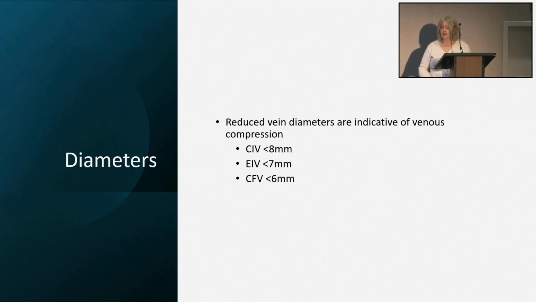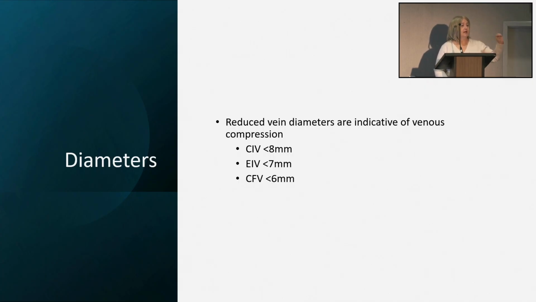So in our lab, these are the reduced vein diameters that indicate compression: less than 6 millimeters at the common femoral vein, 7 in the external, 8 in the common. And I tell the techs, as you are taking your images, you need to make sure that those diameter measurements are getting larger.